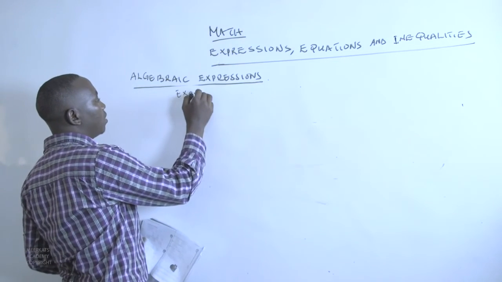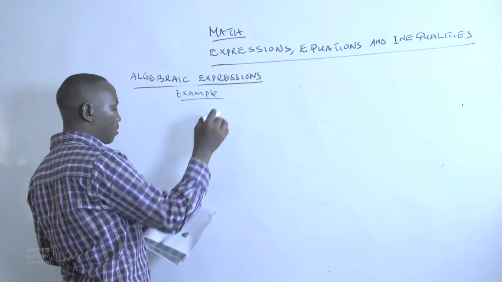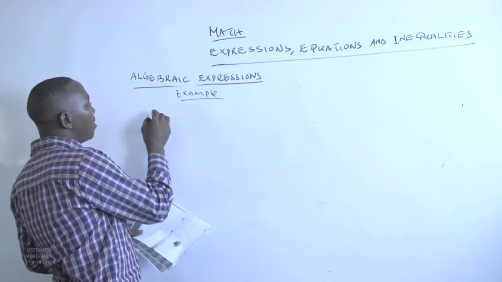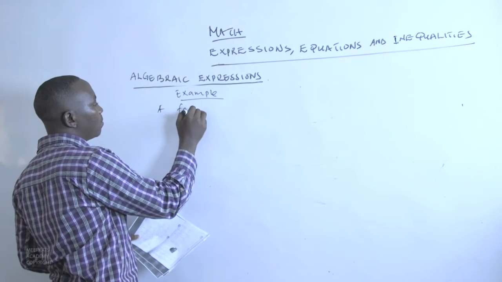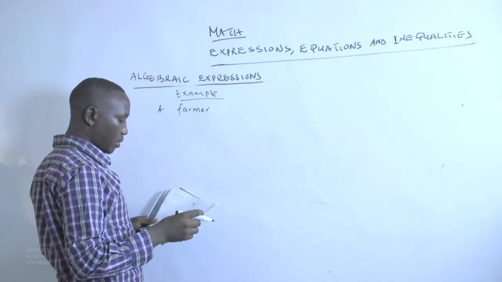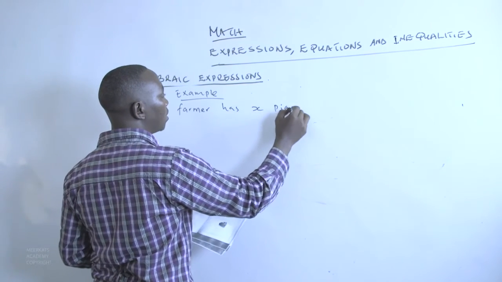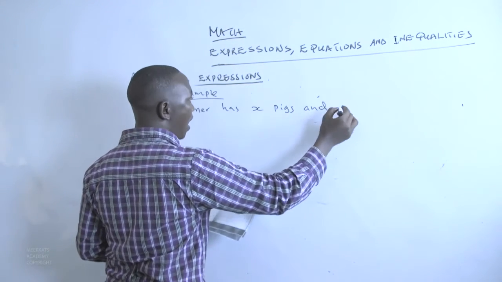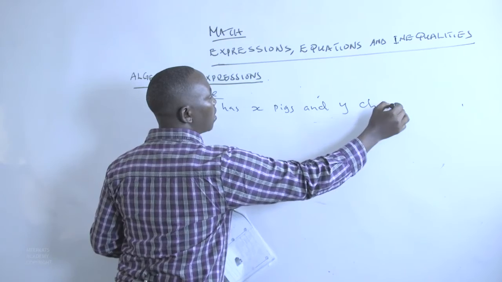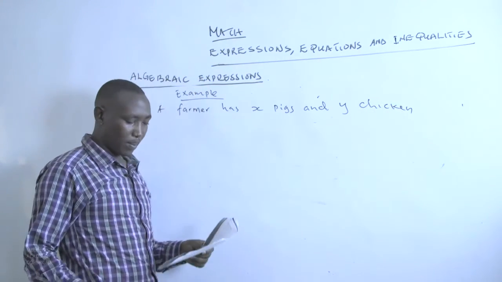The example: a farmer has x pigs and y chickens.